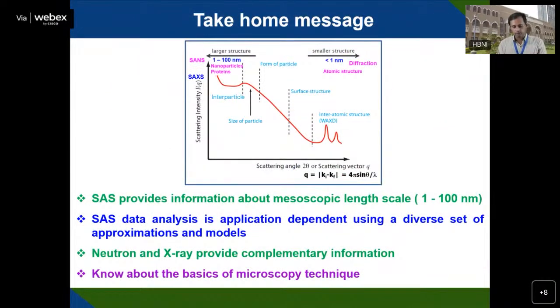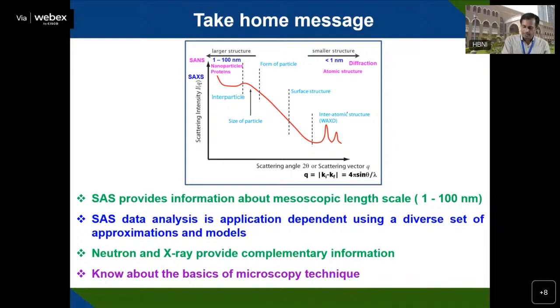From today's lecture, what we have studied is mainly two techniques. One is small angle scattering techniques, another is a little bit about microscopic basis. Whether it's small angle X-ray scattering or neutron scattering, both give information about the structure and dynamics of the particles.